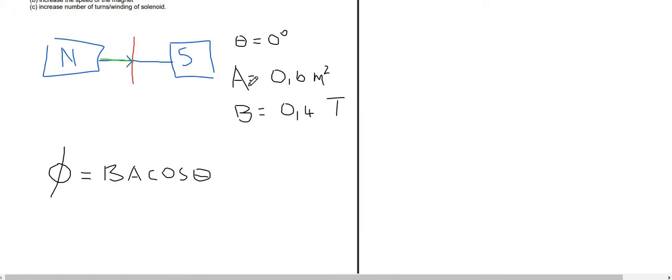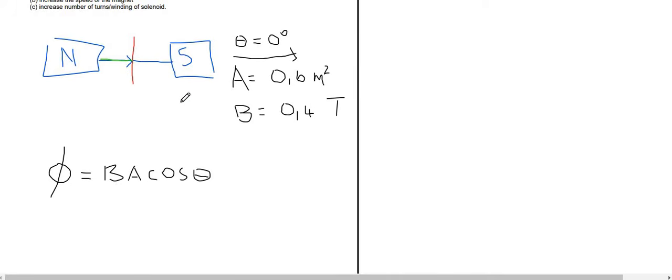So don't get confused. I think there's normally a lot of confusion in terms of what that angle theta is in this equation. Somebody will think that theta is the angle between the magnetic field lines and your coil. You can clearly see that this coil here is standing perpendicular, but its axis, the line that is normal to it, is in this direction. So this theta is actually the angle between the magnetic field lines and the axis to this coil, or the line normal to this coil.